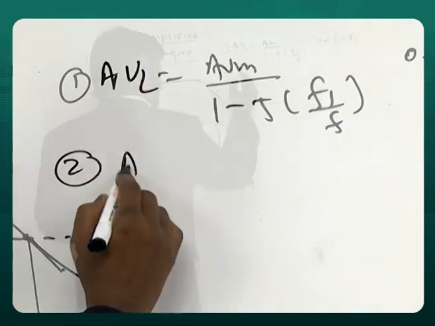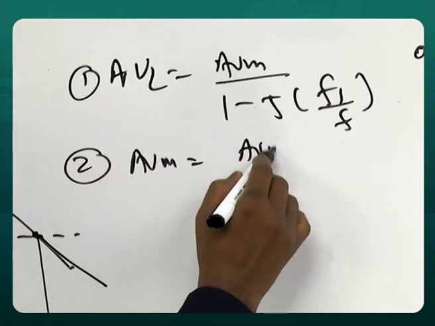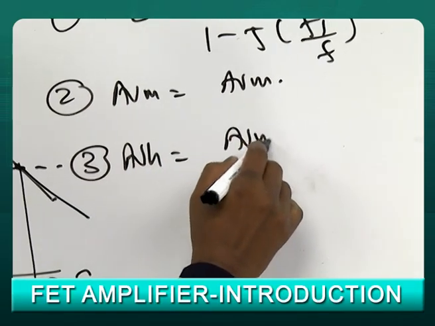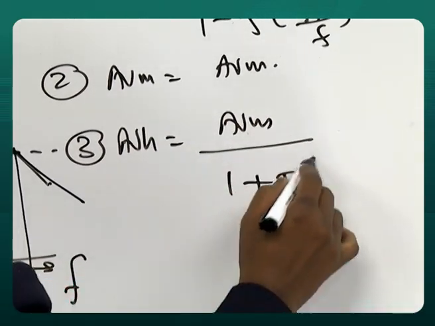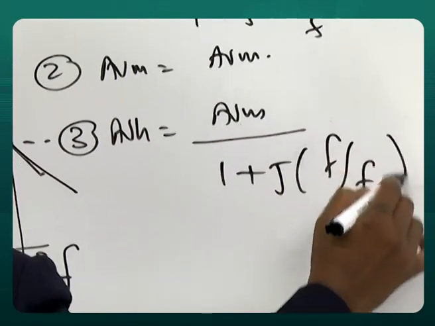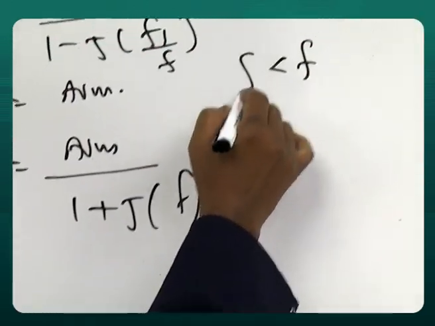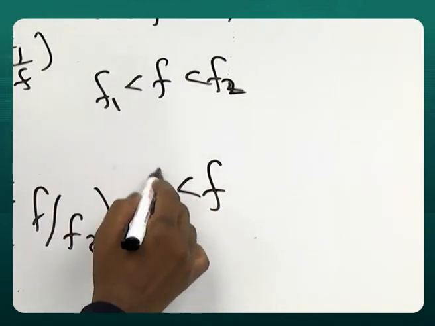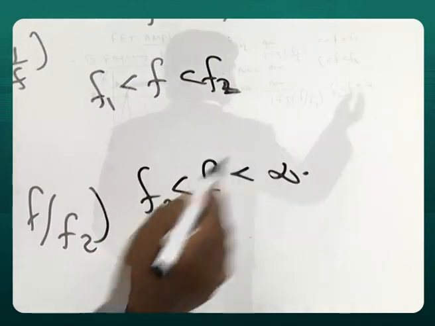Second one, AVM is directly AVM. Third one, AVH is AVM by 1 plus j F by F2. This is F1 to F2, and this is F2 to infinity.